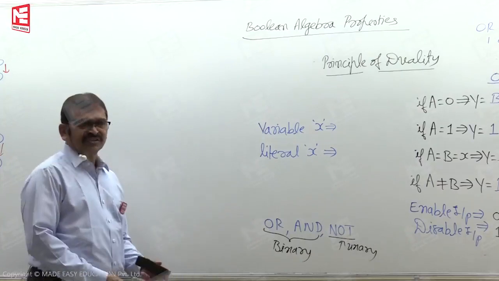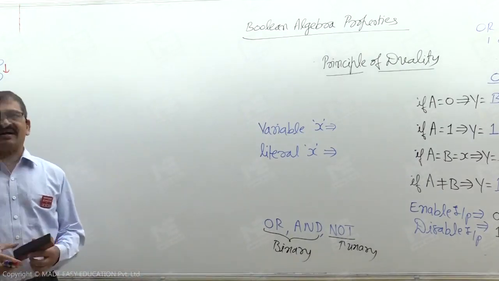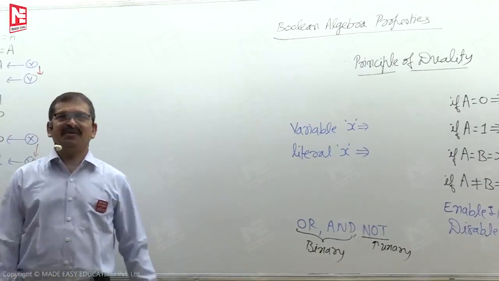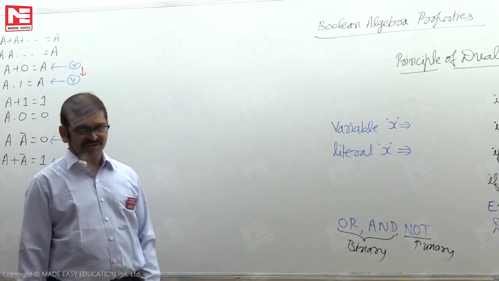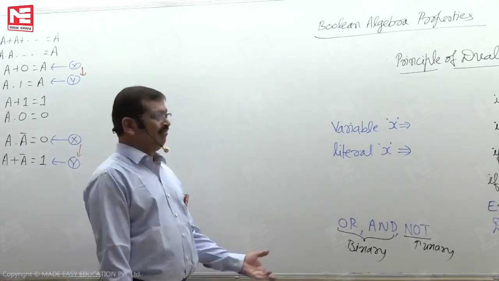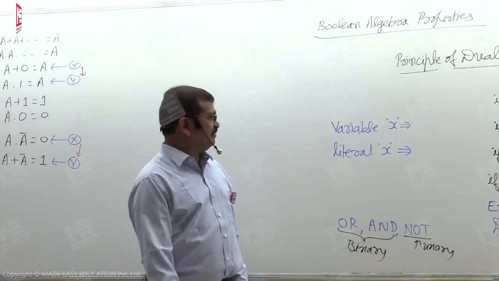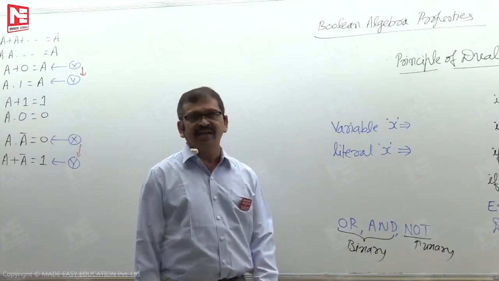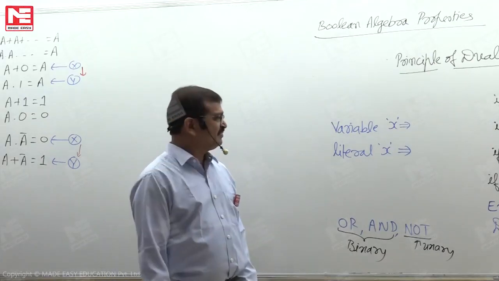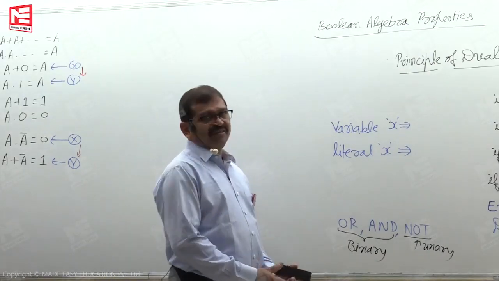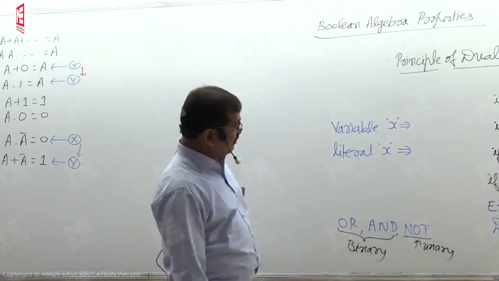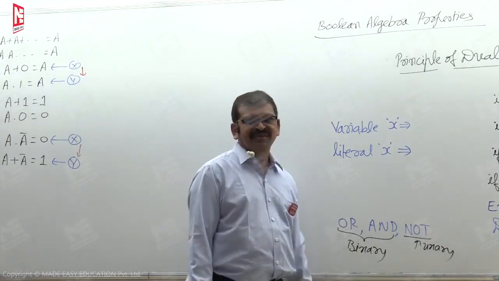These are two common words which we come across very frequently while dealing with Boolean equations and expressions, or in general, while working with Boolean algebra. The words are variable X and literal X.